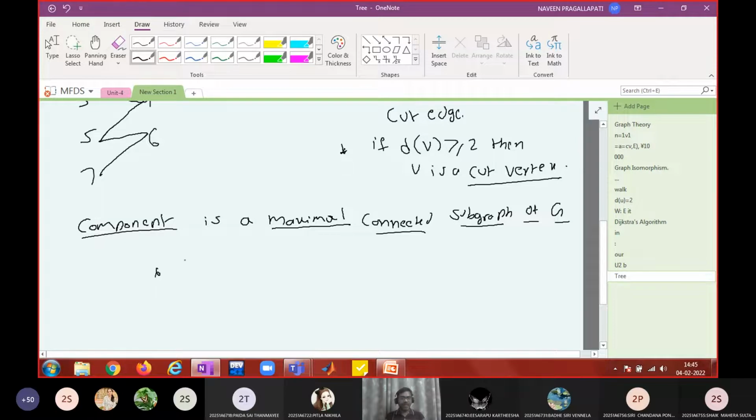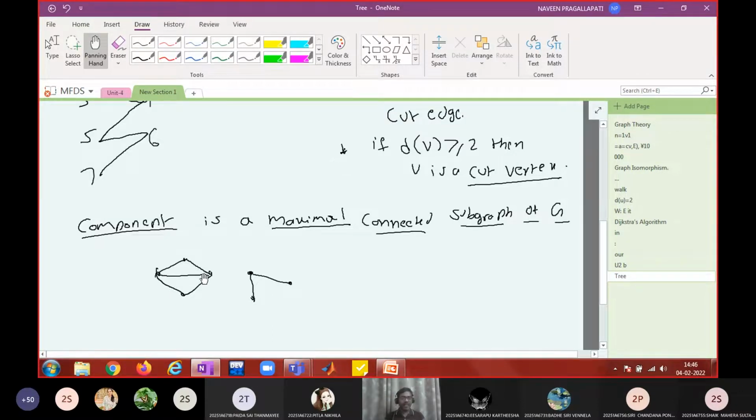If I draw one graph like this, this itself is a component, a single component. But if I draw like this, it has two components.